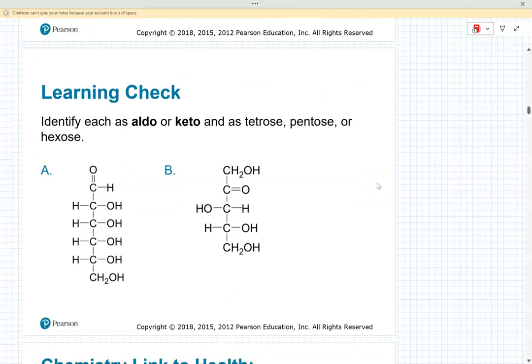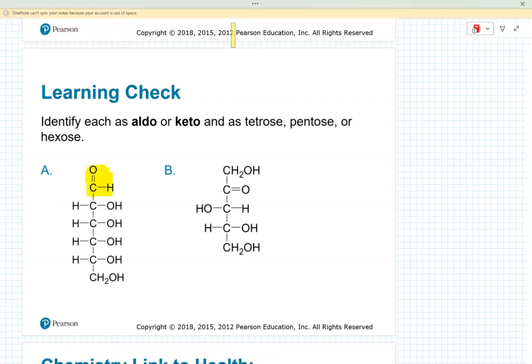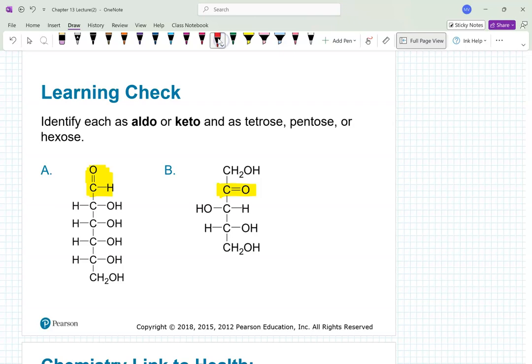Naming. Making sense? Let's name them. So which one is on the left? An aldehyde. Okay, so let's talk about functional groups first. In the example A, the functional group is where? At the end or in the middle? At the end. In example B, it is not in the end. Yes, in the middle. So, which functional group do we have in A?